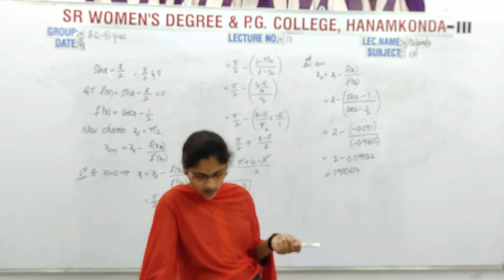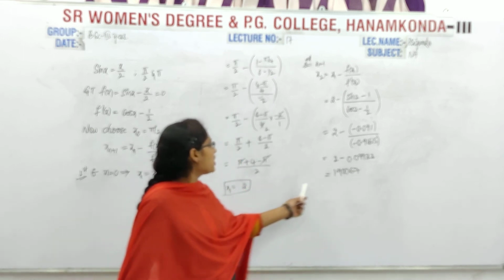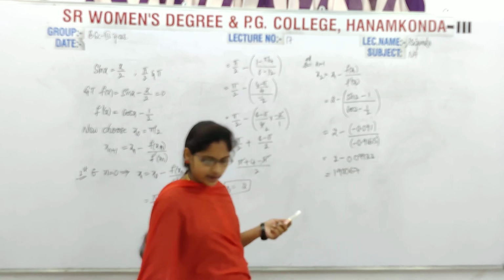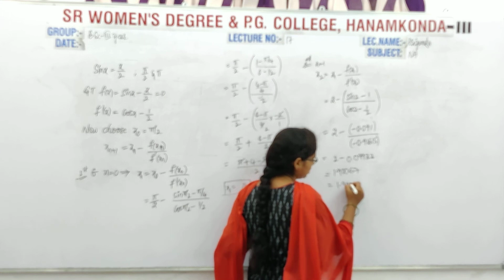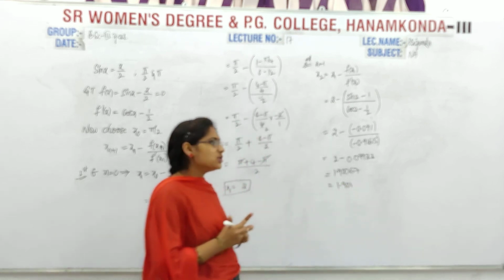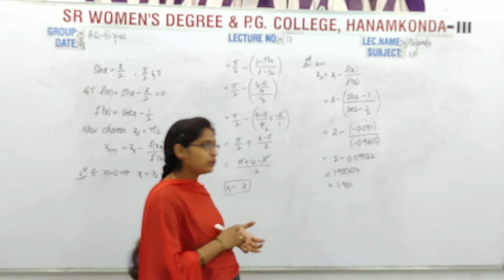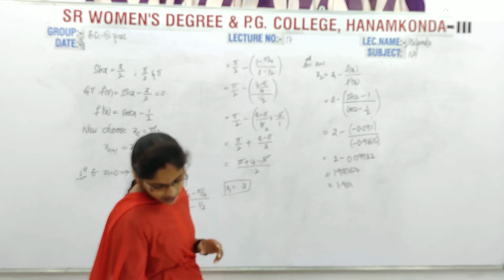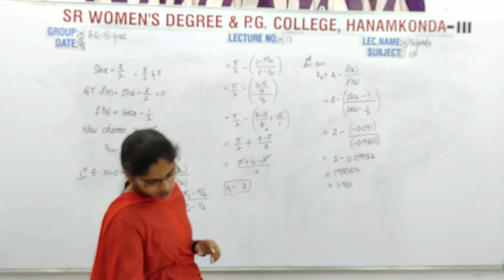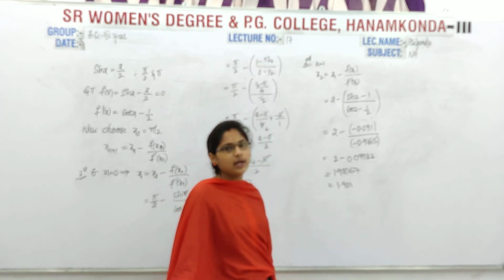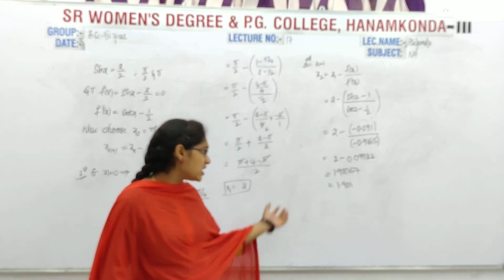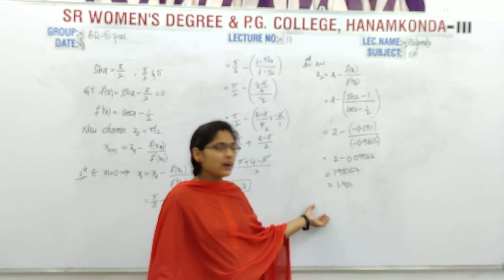Next what do we have to do now? If we observe, x1 is 2 and x2 is 1.9, and approximately we can write it as 1.901. Okay, since they mentioned correct to 3 decimal places, you can take it like this, and finally you can take only 3 decimals.